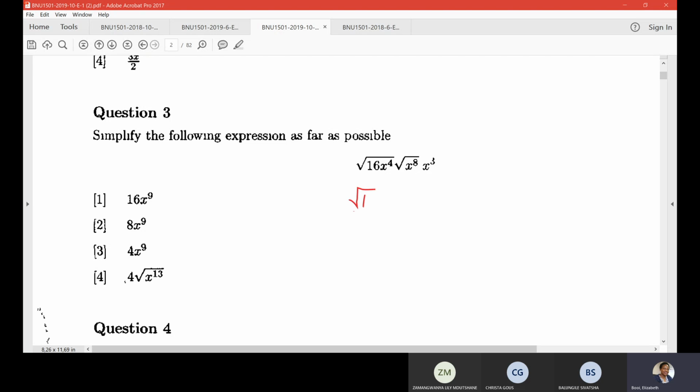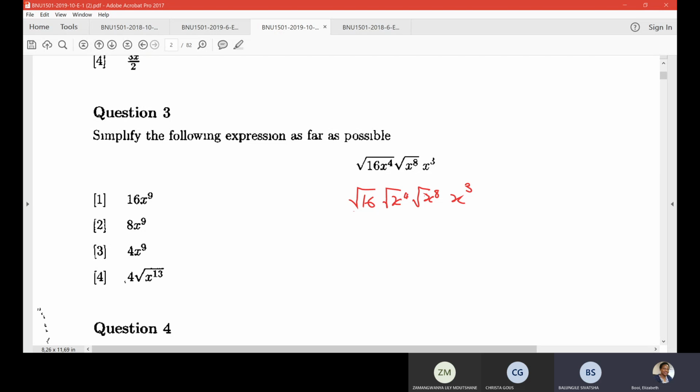You can split this in terms of 16 times x to the power of 4, so we can take the square root of 16 times the square root of x to the power of 4 times the square root of x to the power of 8 times x to the power of 3.